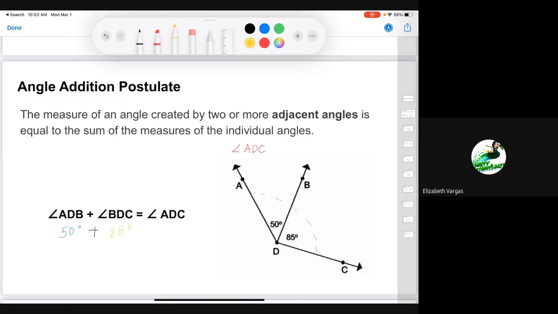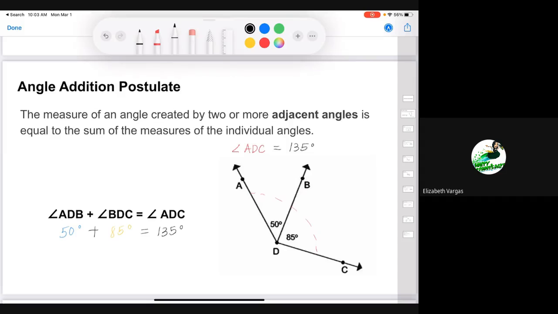And by adding these together, we can find the entire angle of ADC. So when we add this together, we get 135 degrees. And so therefore we can say that ADC is equal to 135 degrees.